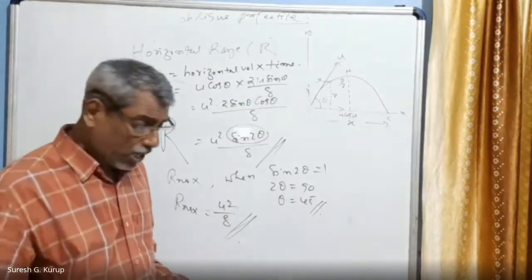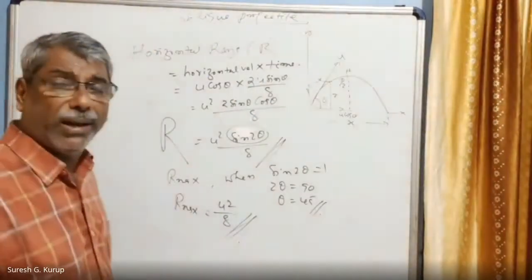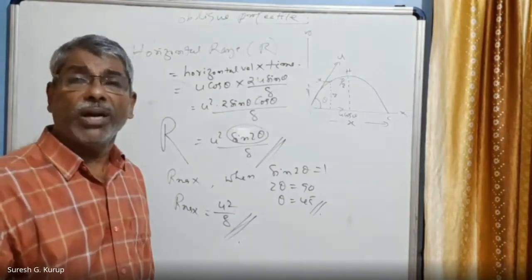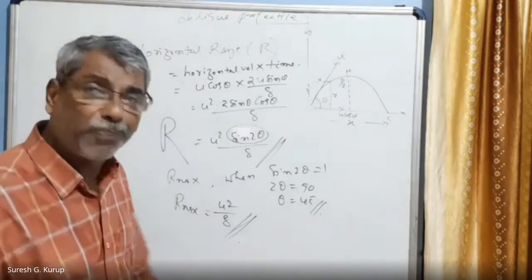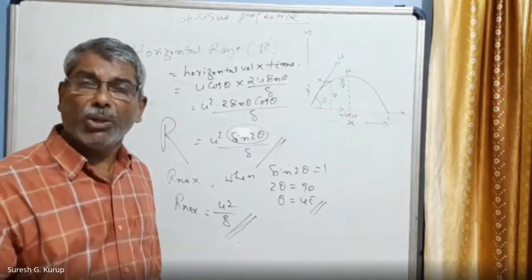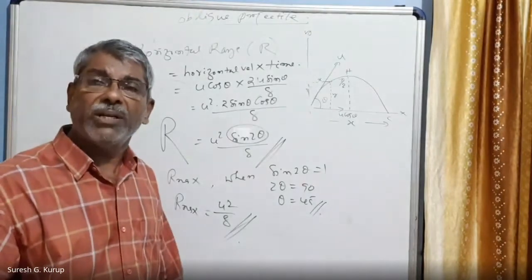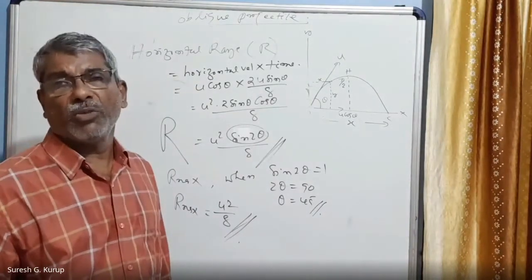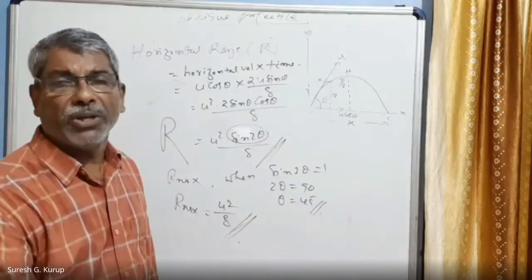Now we can prove that for both an angle theta and 90 minus theta, the horizontal range for an oblique projectile is the same. For example, an angle theta equal to 30 degrees, and the other one is 90 minus 30, which means 60 degrees. For both these angles, the horizontal range must be the same. This is a true fact for an oblique projectile.